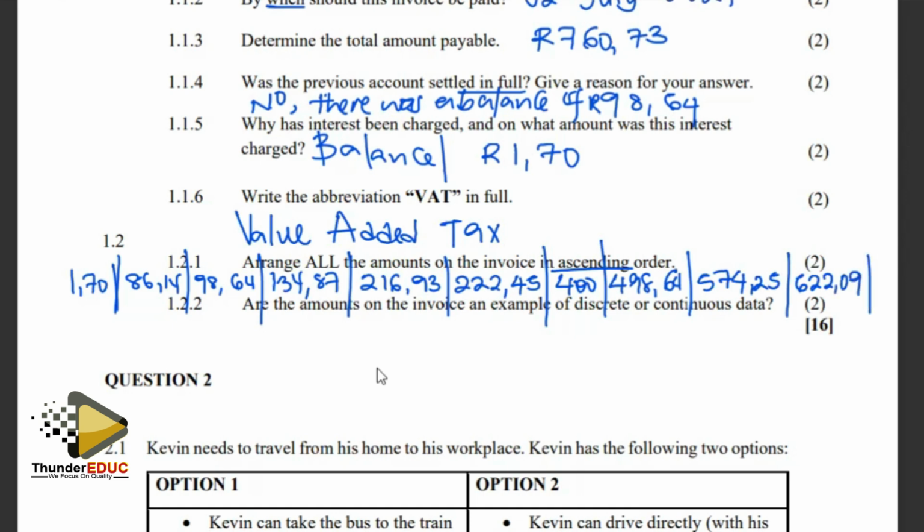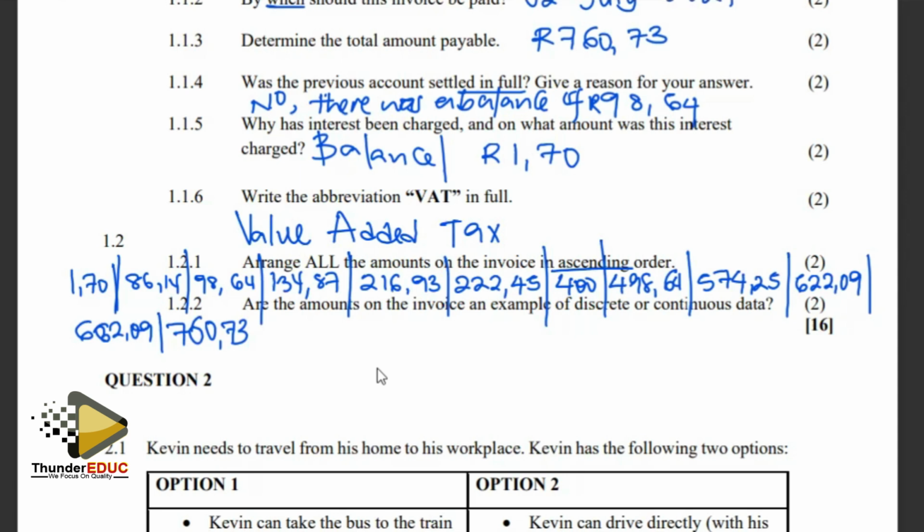We continue and we have another 662.09, and finally we end with 760.73. These are the values I see there, and I've arranged them.